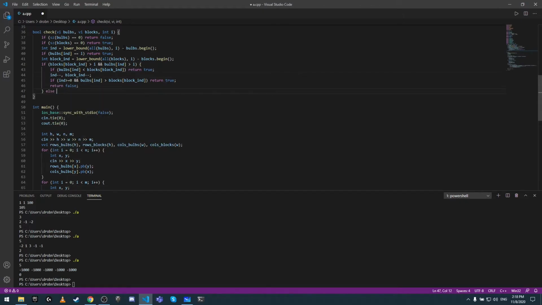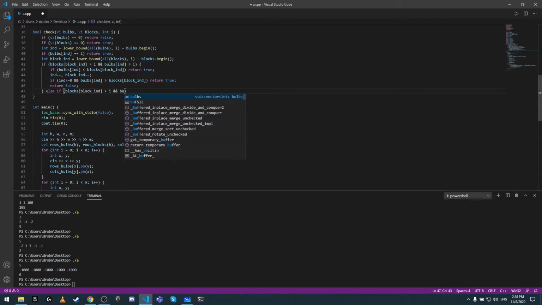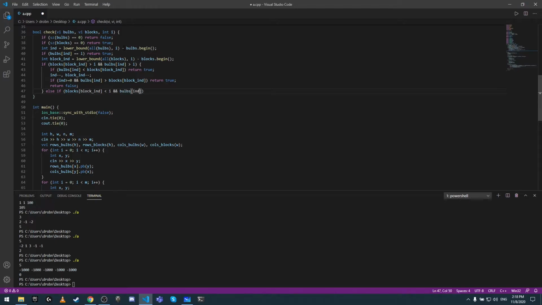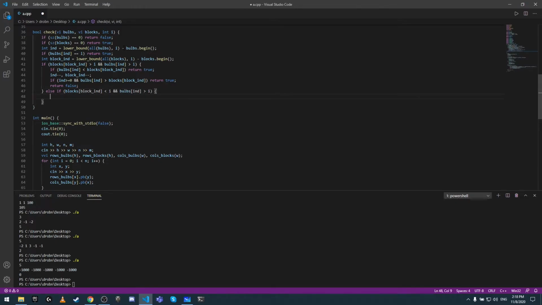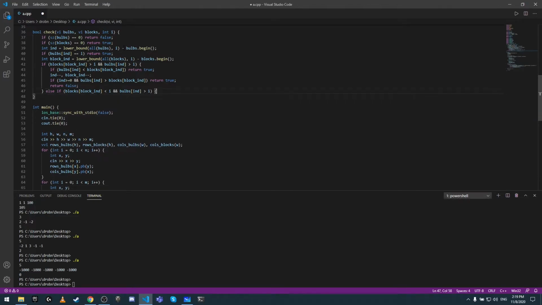Okay, else if one of them is smaller, so block index is smaller than I and bulbs index is over I. What that means is return true, right? Because you can't, so that's like the return true case.